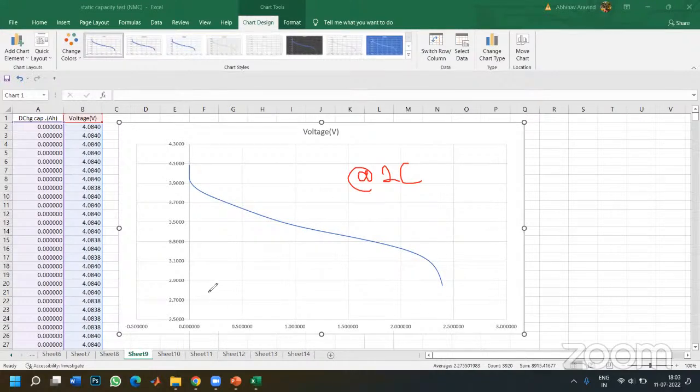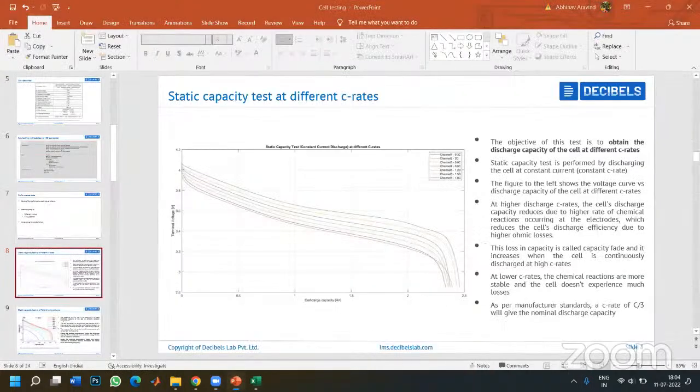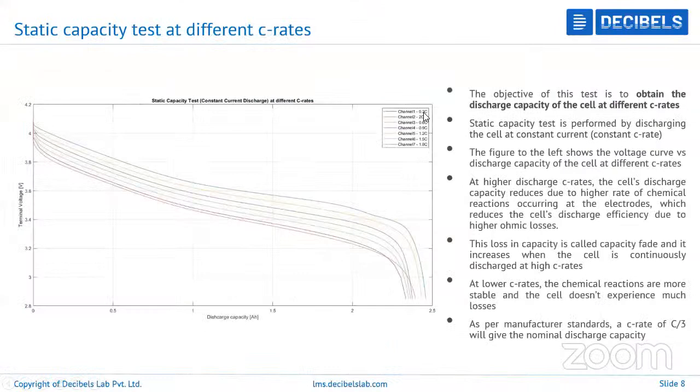Okay, so like that, you can plot the discharge capacity versus voltage for different C rates. Sheet 8 is at 0.2C, sheet 9 is at 2C, and so on and so forth. You'll find it at different C rates. The exact list of C rates you can see over here: 0.3C onwards, 0.6C, 0.9C, all the way up till 1.8C.